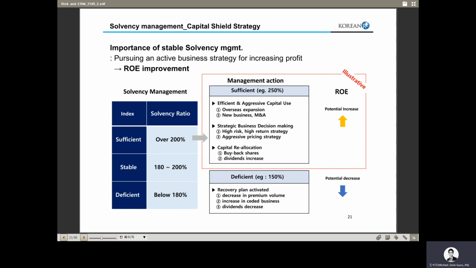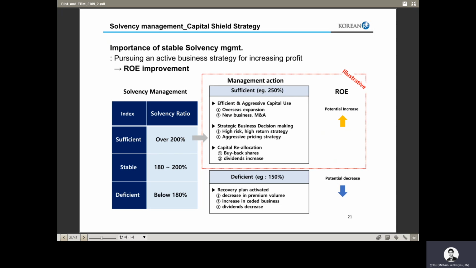If the solvency ratio is sufficient, for instance 250%, then we could use our capital more efficiently and aggressively, such as overseas expansions and M&A, and strategic business decision making, such as a high risk, high return strategy. This could lead to a potential increase in ROE.